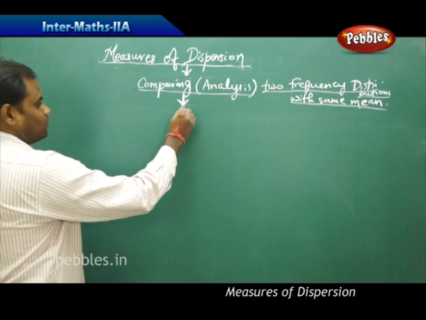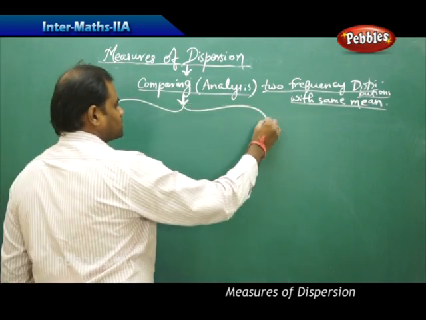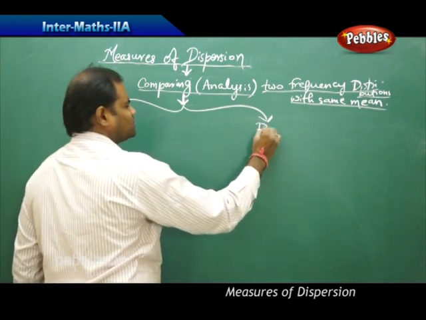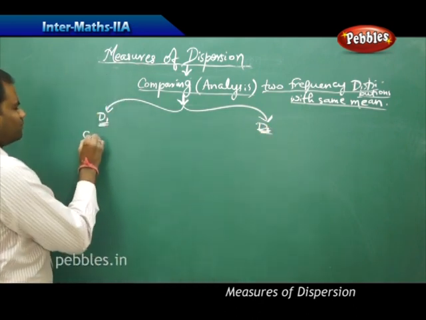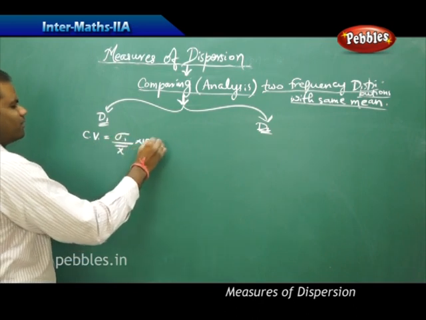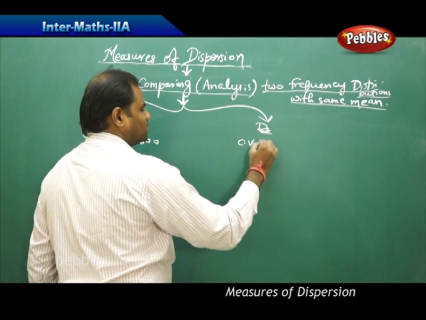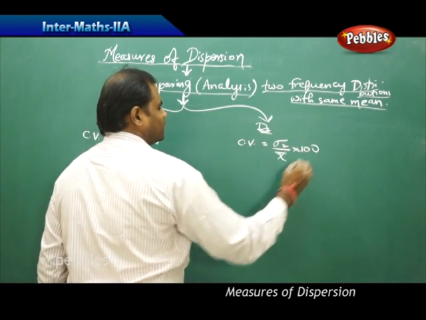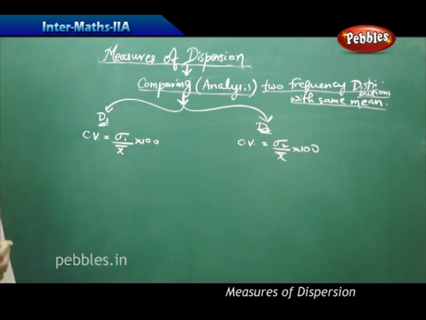Therefore, for the two distributions D1 and D2, the coefficient of variation is sigma 1 by x bar into 100 and sigma 2 by x bar into 100 respectively.